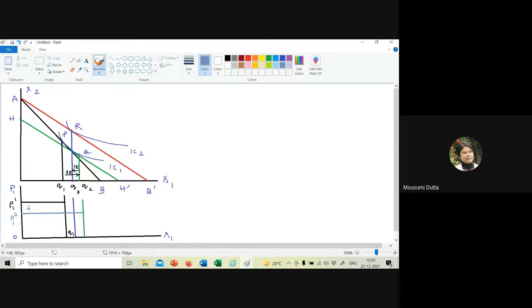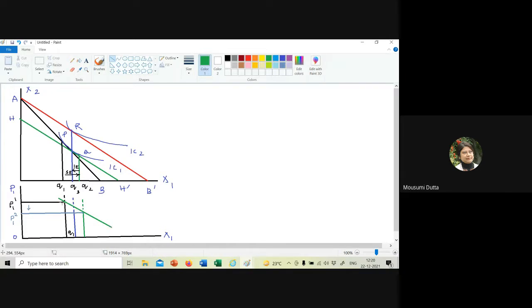So the price has been reduced. Now, once we get two points, we can draw a straight line.